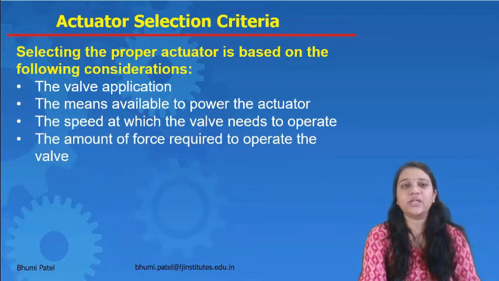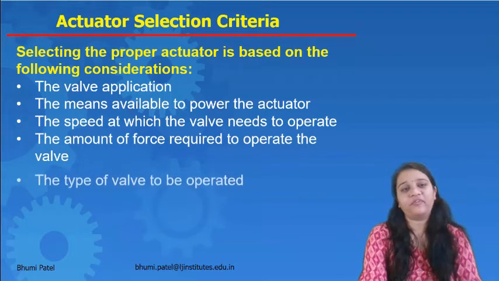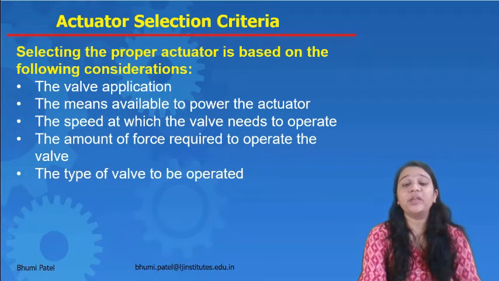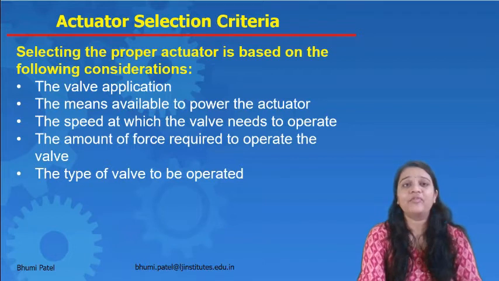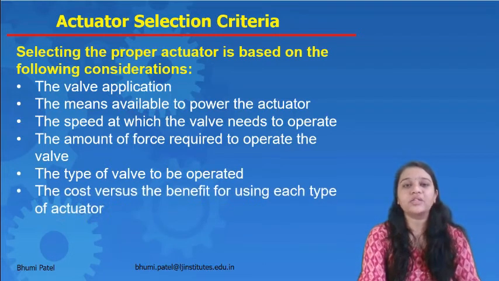The fourth is the amount of force required to operate the valve. And the fifth is the type of valve to be operated. Which type of valve can we use for the particular application? We can use this type of actuator, and the cost versus the benefit for using each type of actuator.